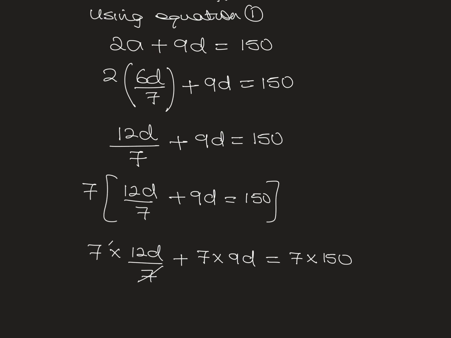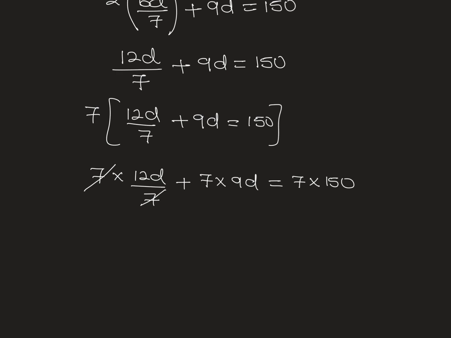So the 7s cancel, and we have 12d plus 63d, equal to 1050.